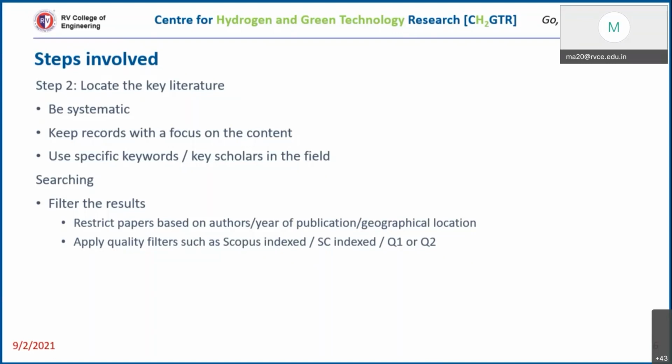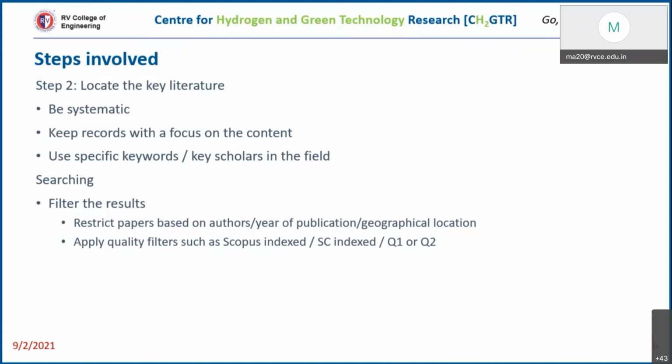Next, another one could be Science Citation Indexed journals. And another possibility could be, when it comes to Scopus indexed journals, this Scopus platform has categorized the publications into quartiles. So quartile 1, 2, 3, and 4. So quartile 1, Q1, being the highest rated journals.